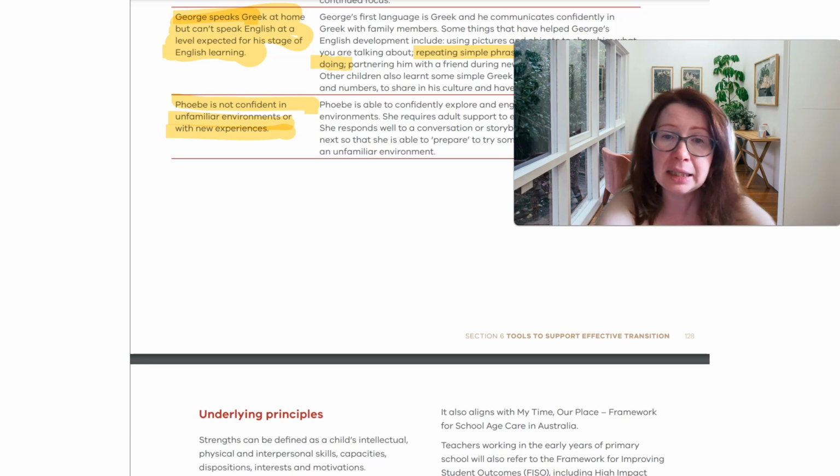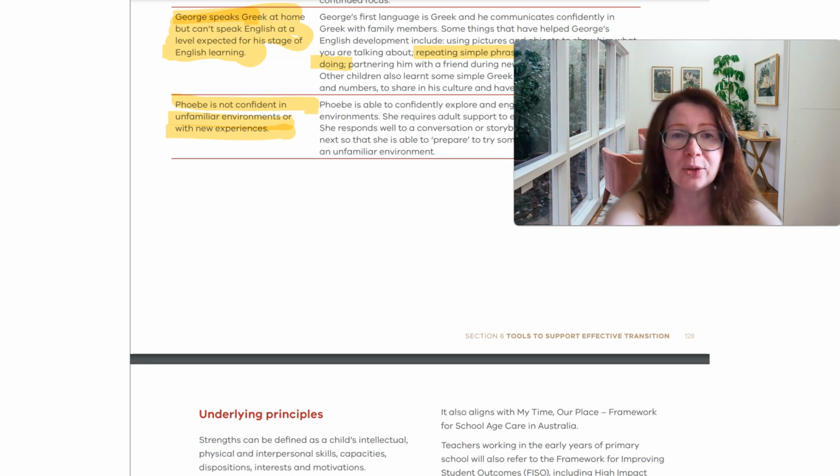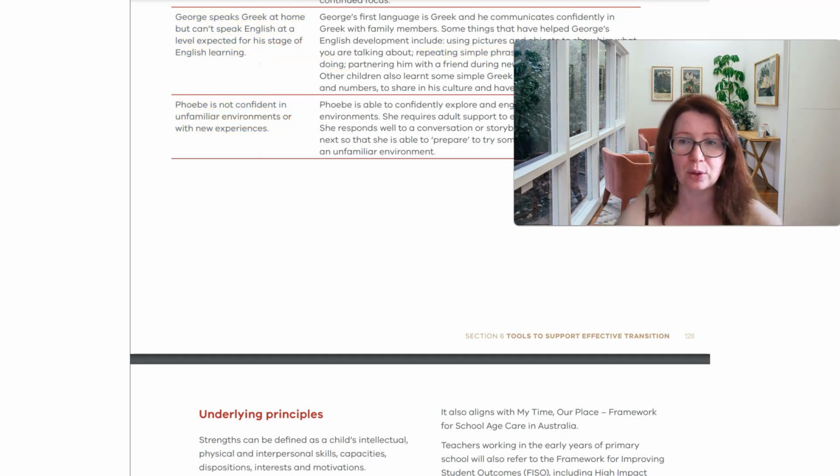And it also shows teaching strategies. So this way of writing will also help you to demonstrate that you are a true teacher and you are able to support these children. So that's the strengths-based approach for you.